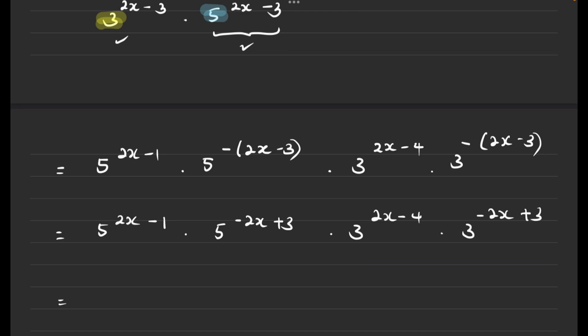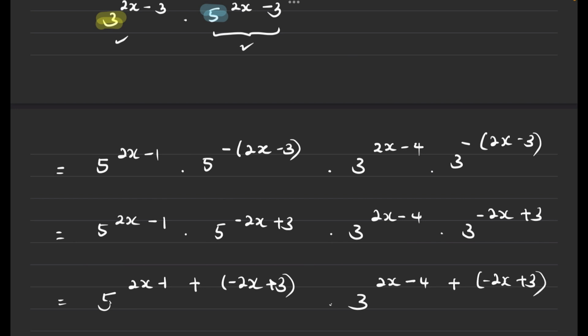The bases are the same, so we're going to add the exponents. So it's 5 to the power of 2x minus 1 plus minus 2x plus 3, multiplied by 3 to the power of 2x minus 4, and let me add the exponent, minus 2x plus 3.